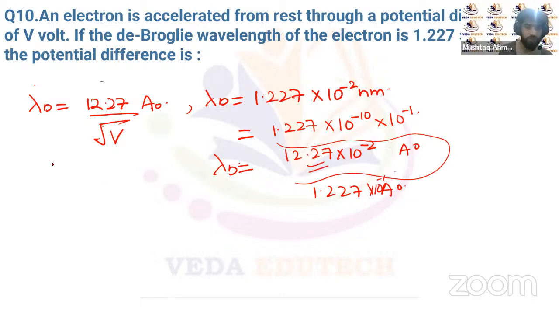So what we can do here is, it will be 12.27 into 10 to the power minus 2, equal to 12.27 upon root V, right?